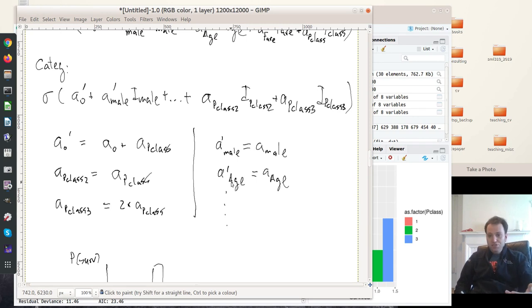So in some situations for the training set, you'll definitely get better performance using the categorical version than you would using the continuous version.